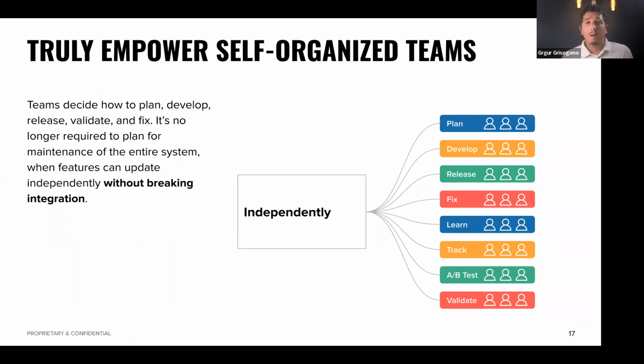On the same note, because they're so agile, micro front ends democratize development by enforcing ownership of a business subdomain. You just get experts all over the place, and teams get to decide how to plan, develop, release, validate. They decide how to fix. It's no longer required to plan for maintenance of the entire system, when features can update independently without breaking integration.